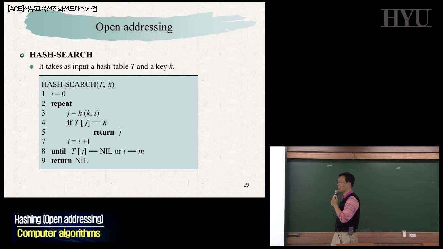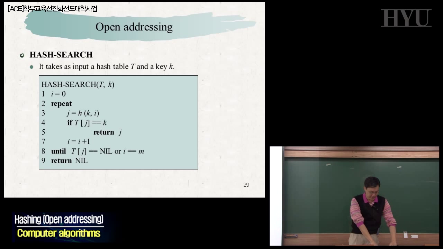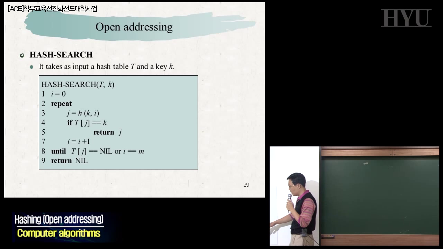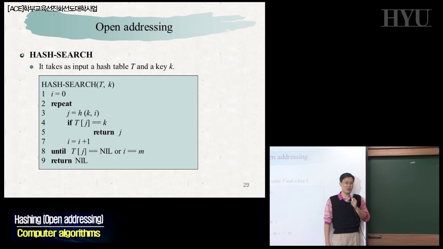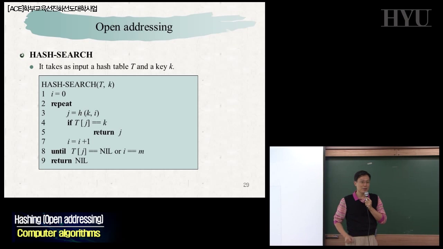Okay, this is a pseudocode for searching in a hash table. Look at this pseudocode for a minute and try to understand its meaning. T[j] is nil is the exit condition.